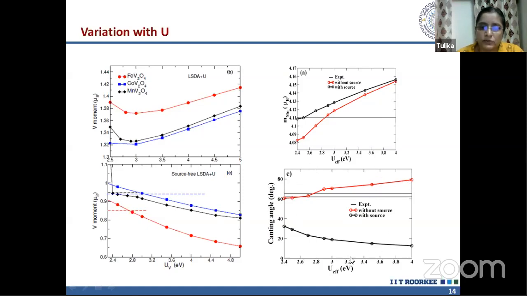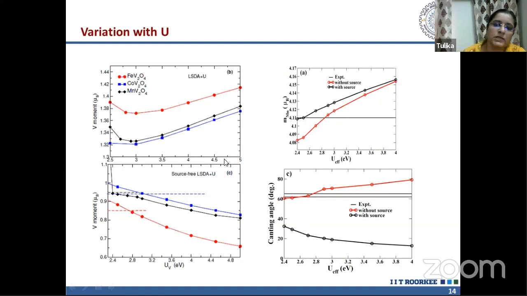But this happens only when the moment is non-collinear. For the manganese moment, which is the A site moment, collinear with the C axis, both the with-source and source-free functionals behave similarly. So with U the moment increases, but here it is giving the opposite trend. This is an interesting observation that we made while doing these calculations.